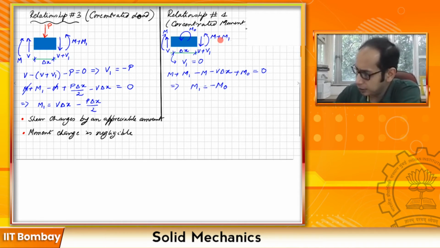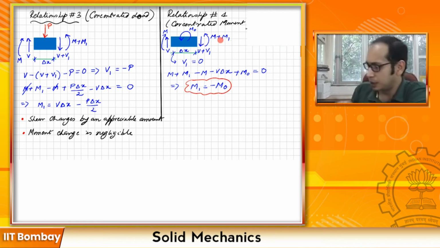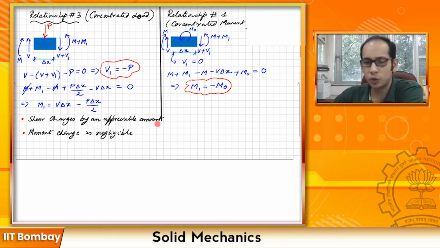So this tells you that the change in moment is actually quite appreciable, similar to the previous one where the change in shear was quite appreciable. So here also, like we made those 2 bullet points, we can make 2 more bullet points for this particular case. So let's go ahead and make them.